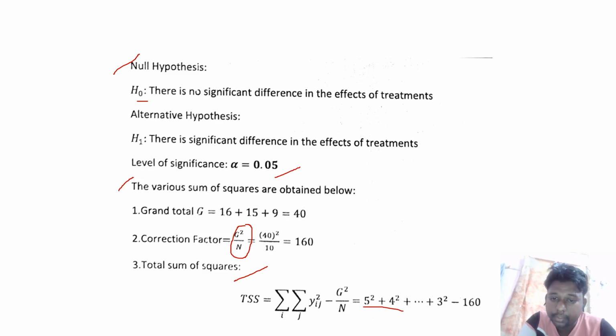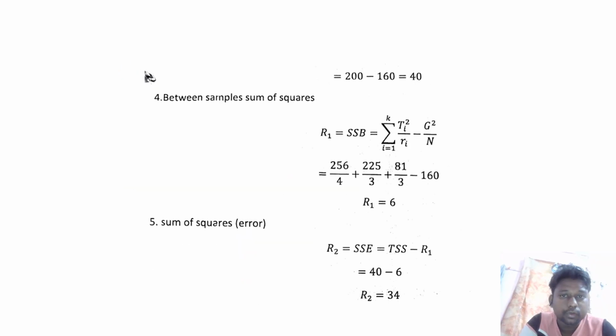For the 10 yield values, they have calculated and subtracted the correction factor. This is known as the total sum of squares. And we get the total sum of squares TSS equal to 40. Okay, sorry, a little bit of mistakes.